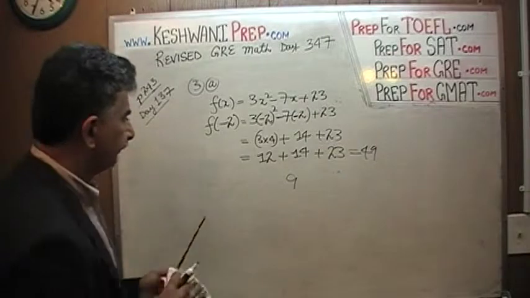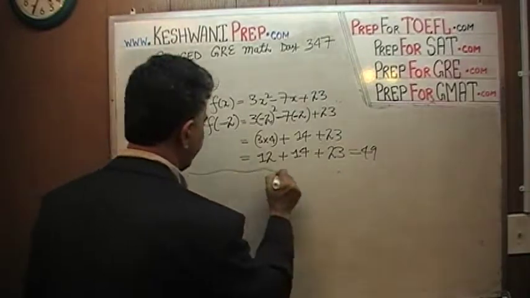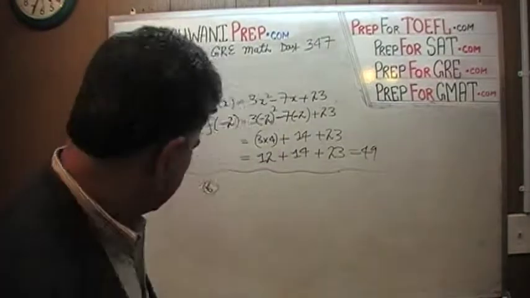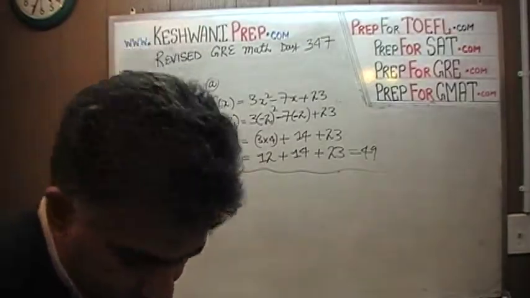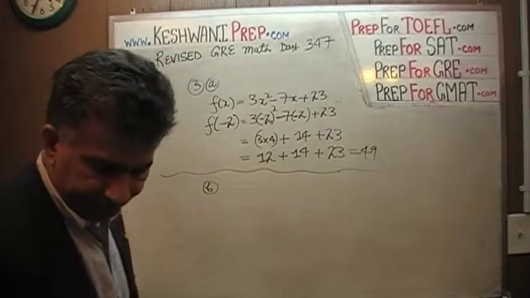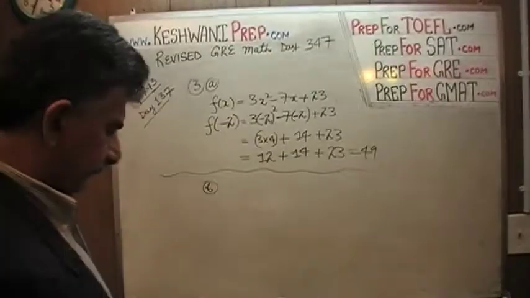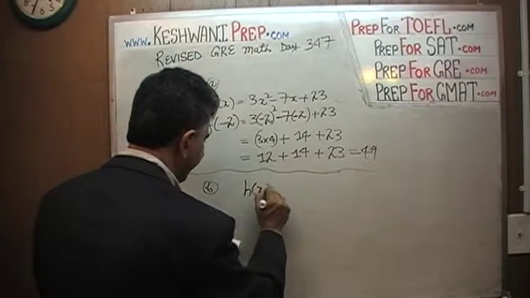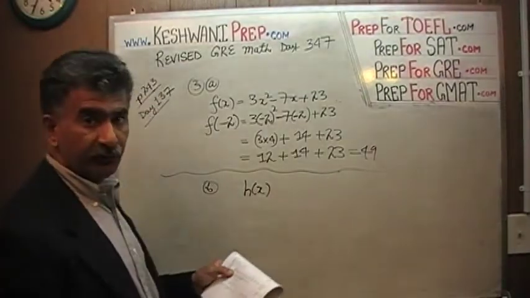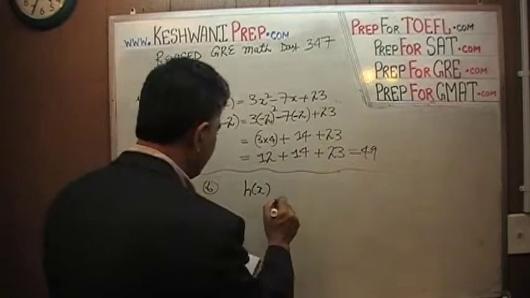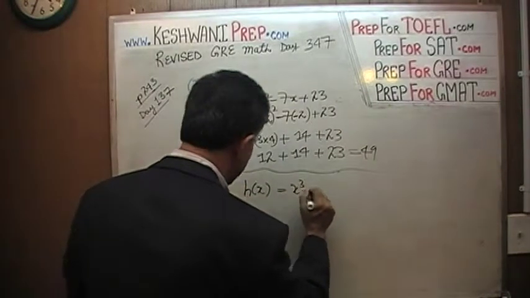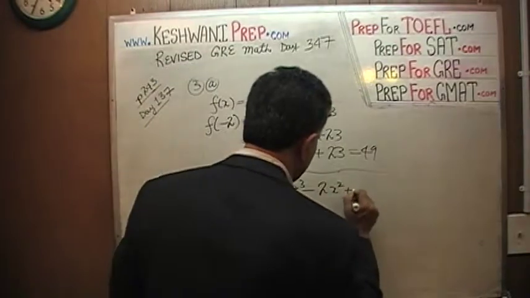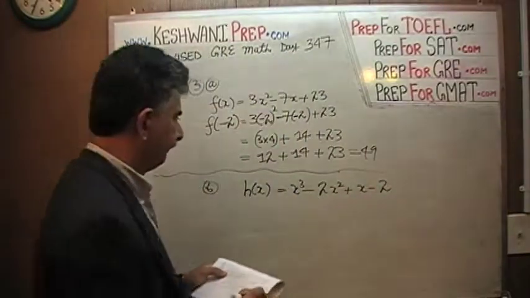Part B. Here we have another function, and they're calling this one h of x. The name of this function is h. This one was f. And we are told this is x cubed minus 2x squared plus x minus 2.